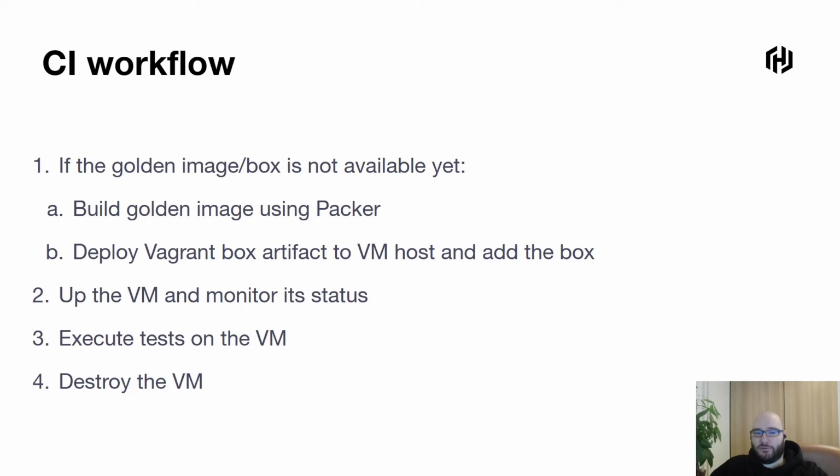Then we execute our tests on the VM using the CI system's agent system, whatever that is. And at the end, we destroy the VM. Or we could also back it up, do snapshots, also during the test run itself, to have even more easily reproducible states.